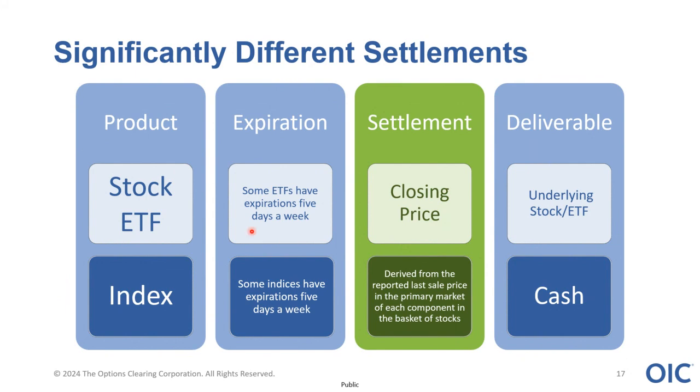Some of these ETFs, because they are corresponding ETFs to indexes, have these expirations that exist in the indices 5 days a week. You've got 0 DTE options, you've got weekly options. The expirations sometimes will be 5 days a week. Most of the time, their settlement is going to be on the close. These are close settled products, and their deliverable, this is the important part, is generally the underlying stock or ETF.